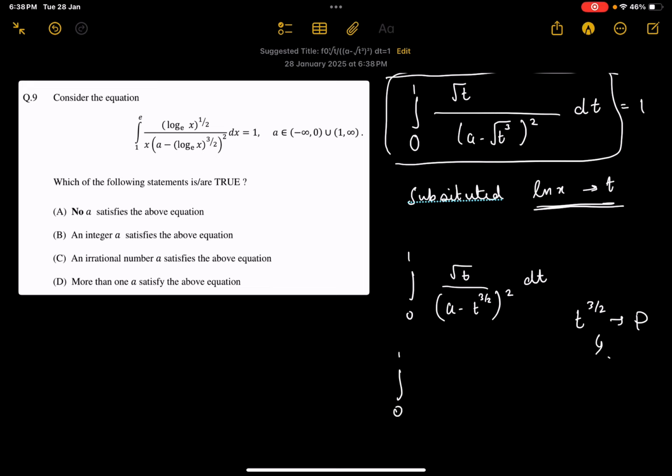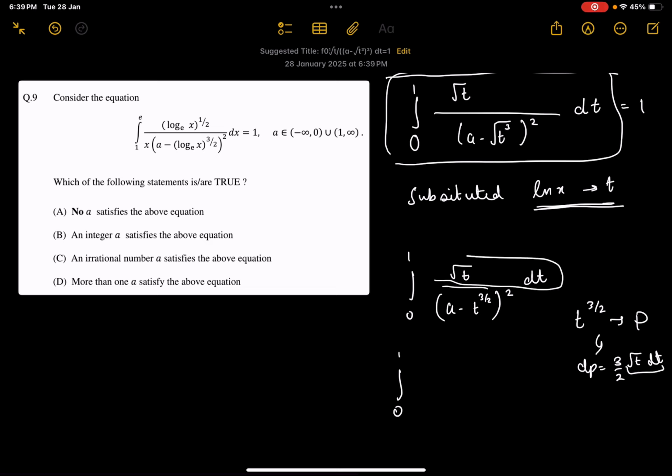This will give us dp equals 3 by 2 root t dt, which gives us root t dt is 2 dp by 3.